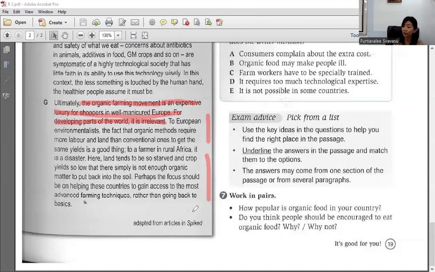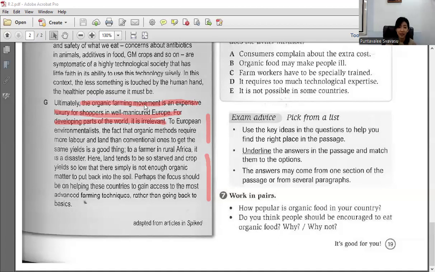So there are two different tones. Half of it is positive, half of it is negative, so they are both main ideas. They try to explain both of them. That's why this one has two different tones.